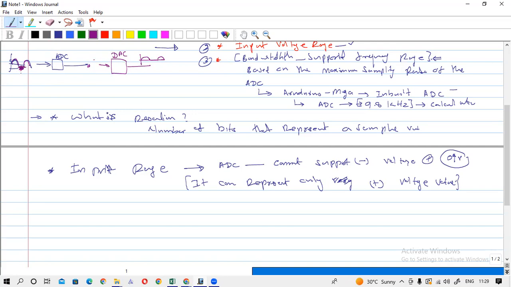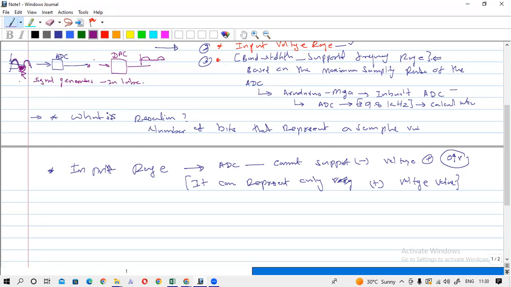So to get this part, what can we do? Can anyone tell? Use your common electronic knowledge. If you want to sample this value also, what do we have to do? I think you have used the signal generators in the lab.